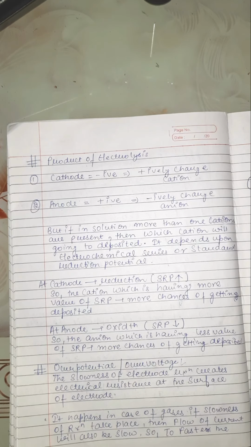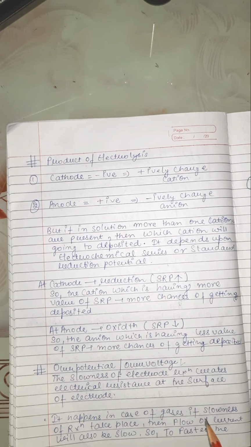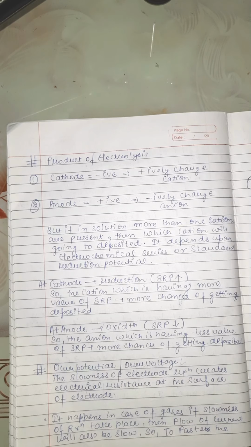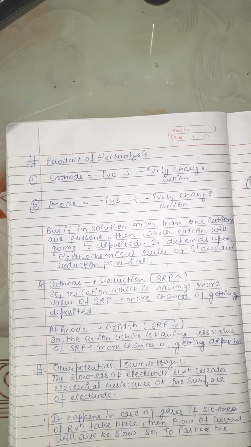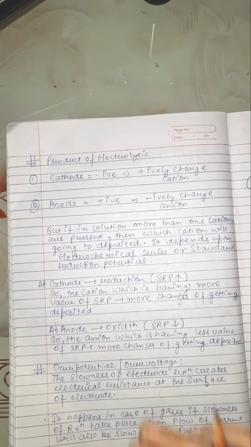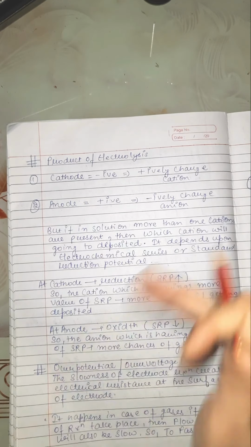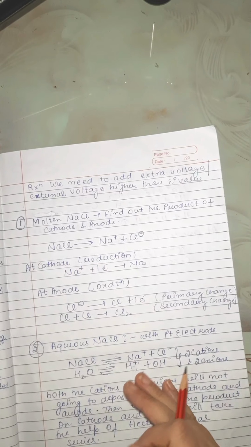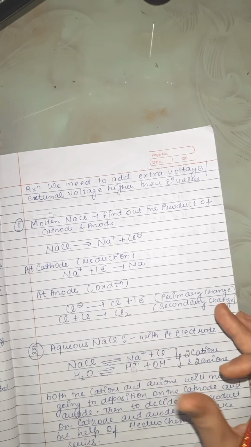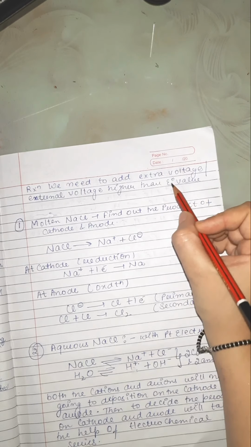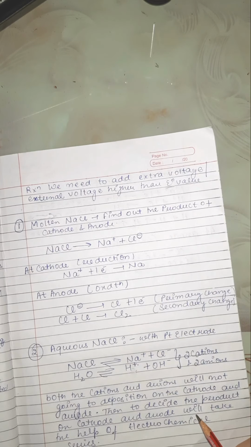Overpotential or overvoltage is the slowness of electrode reaction that creates electrical resistance at the surface of the electrode. It generally happens in the case of gases. If the reaction is slow, then the flow of current will also be slow. So to speed up the reaction, we need to add extra or external voltage higher than the E0 value.